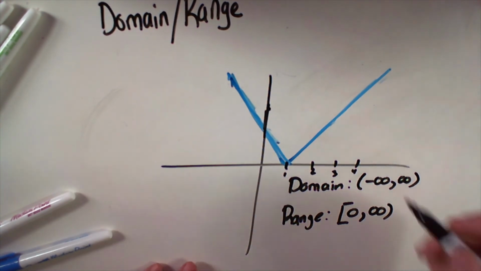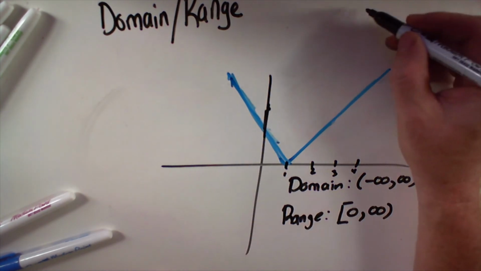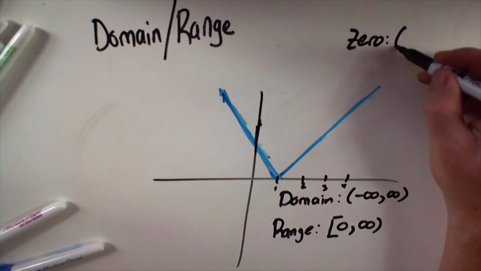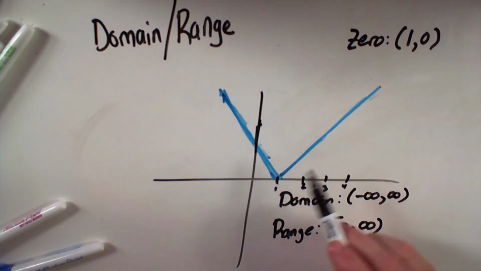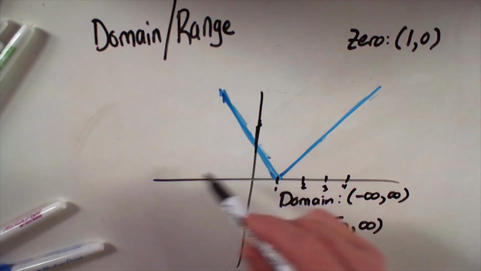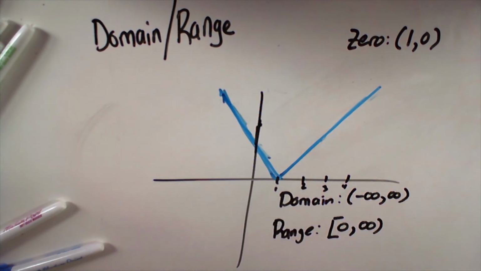The 0 is going to be at the point (1, 0). And that is the point where that graph actually intersects the x-axis. So a 0 is an x value that gives a y value of 0. If the graph of the function has an x-intercept at a point, then that a value of the point is called a 0 of the graph.